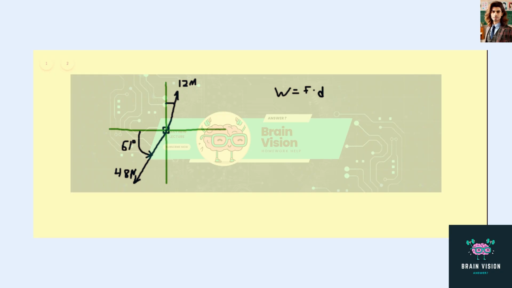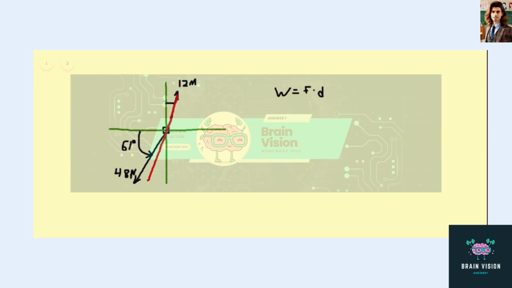So basically, what we would need to do is project either the force into the direction of the displacement or the displacement into the direction of the force. If we trace back this displacement into the direction of the force, it goes like that, right? You see it as a straight line?